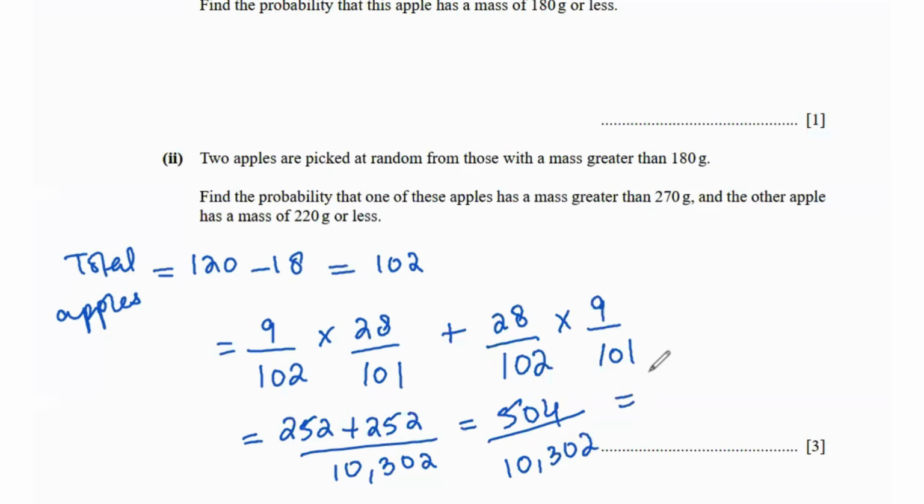Both are divisible by 2. That's going to be 252 over 5151, since 10,302 divided by 2 is 5151. This is divisible by 3. So that's 1717. And 252 divided by 3 would be 84. So this is your probability for the given question.